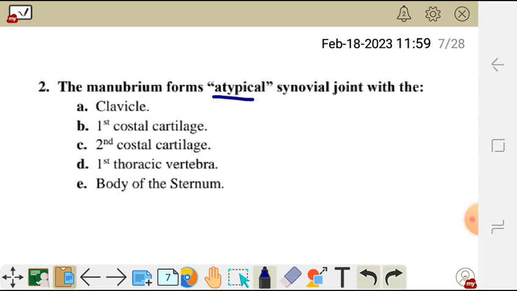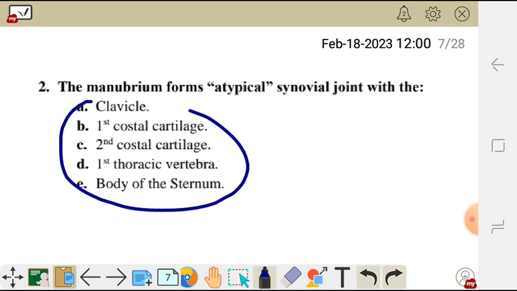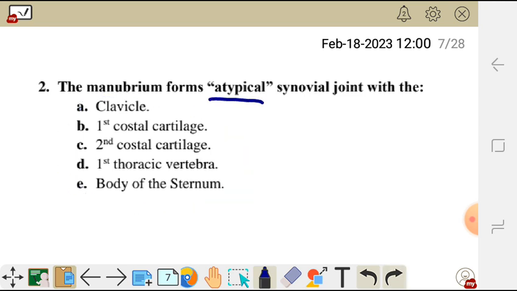An atypical synovial joint is the type of joint which is covered by what we call fibrocartilage. And typical synovial joints are covered by hyaline cartilage. So among these choices, which one forms a typical synovial joint with the manubrium?